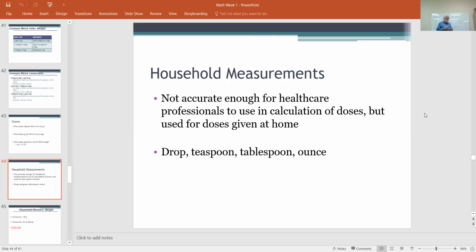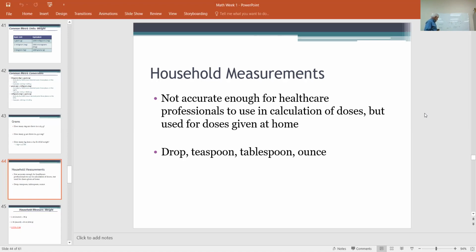We are all about making certain that any casual errors are prevented. So whether in milliliters or liters, we always use the capital L. A milliliter is a very small amount, so we don't generally go any smaller in the pharmacy.